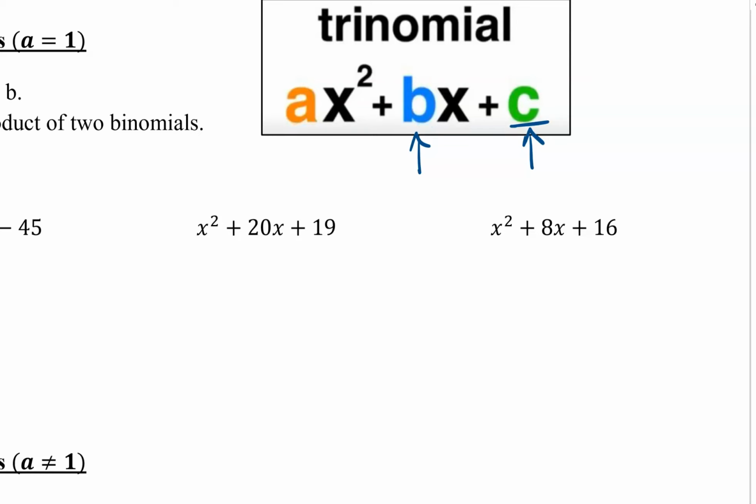Now, all trinomials of quadratic form will have an x squared term. If there's nothing written in front of x squared, we're going to assume that number is 1. However, all quadratics do not need a b or a c value. If there's no number written in front of a term x, we will assume that it's 1.